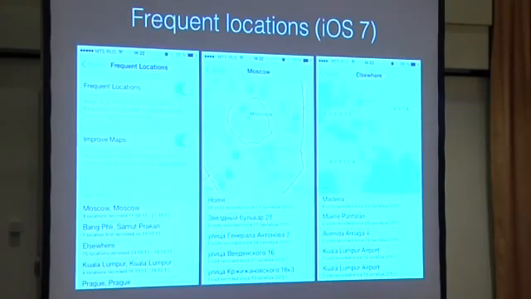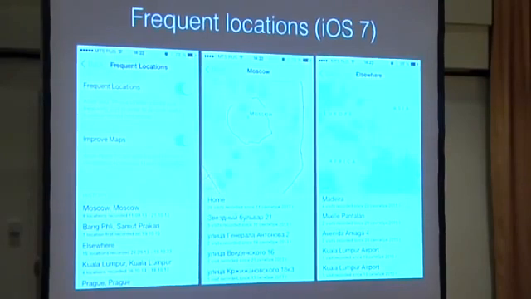You can see on those pictures, in the center there is Moscow city, and at the top there are 26 visits to my home, and the next line is my office. And the Elsewhere line, the right one, is the other locations I have ever been to.